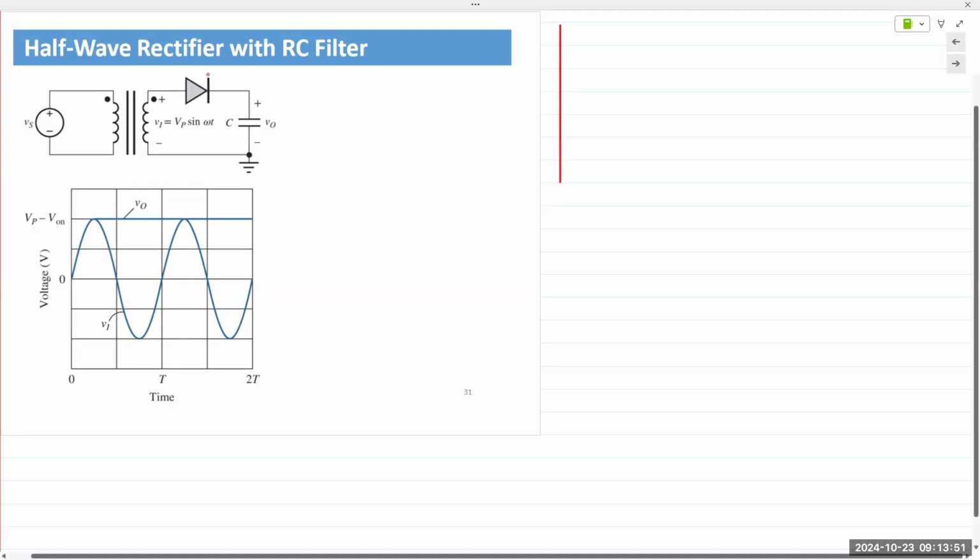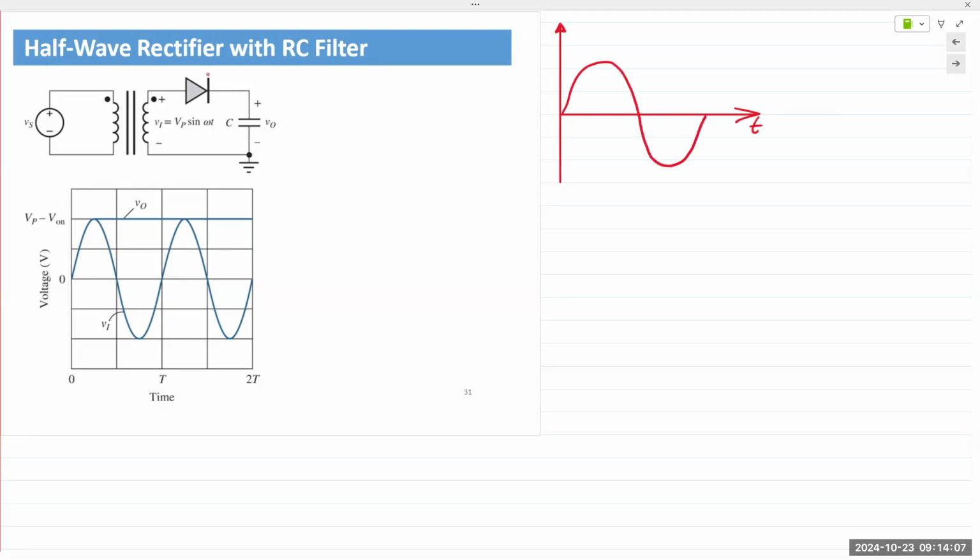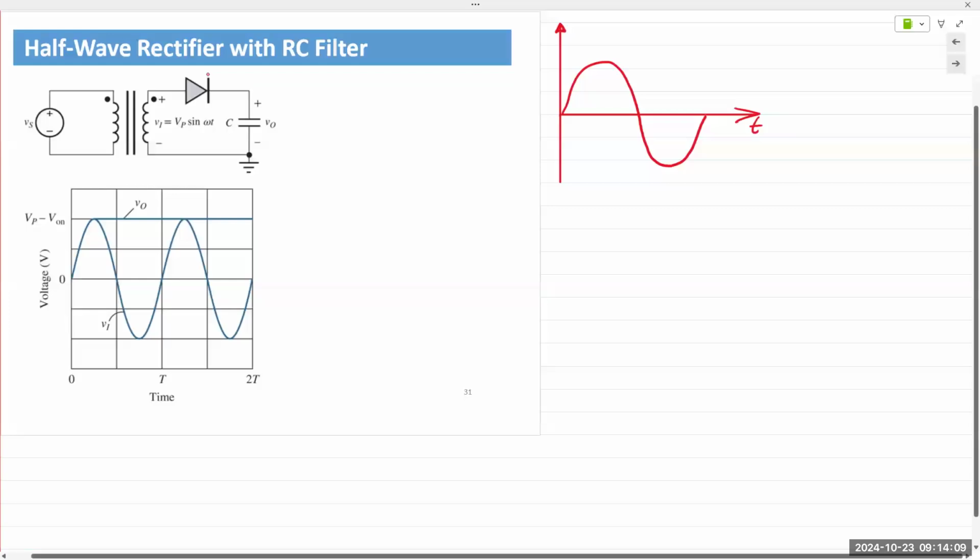We have a time varying signal which looks like this. Right? In the time domain, you have a sine wave.